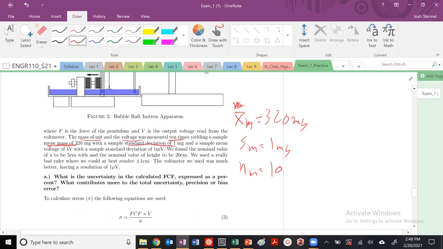The voltage was also measured 10 times, so the number of voltage measurements is also 10. We found that the x bar of our volts was 4 volts, and the sample standard deviation was 1 millivolt.